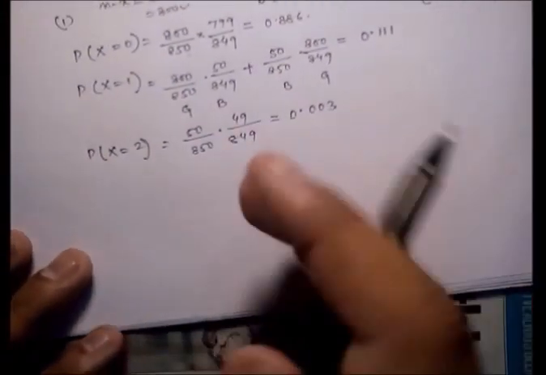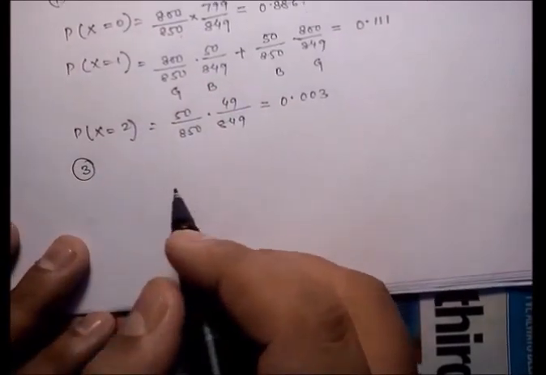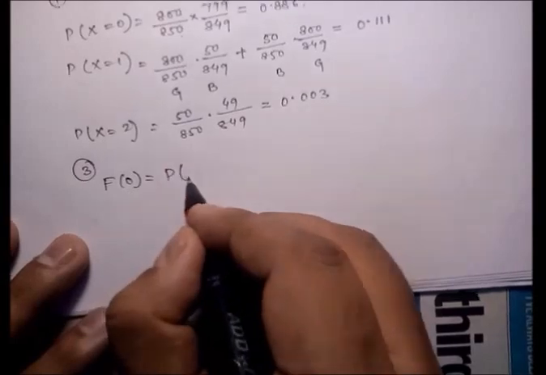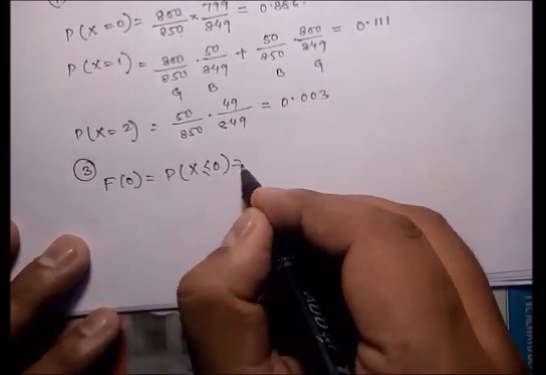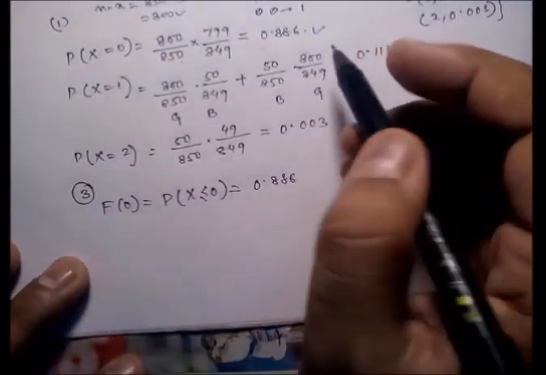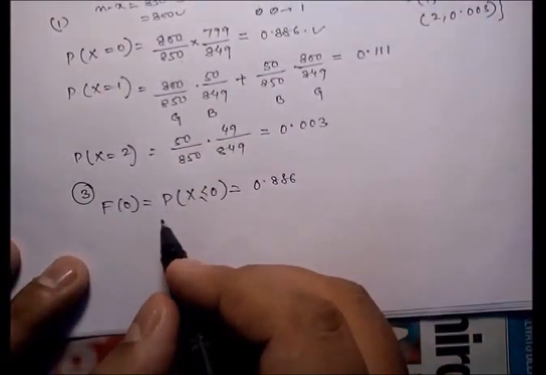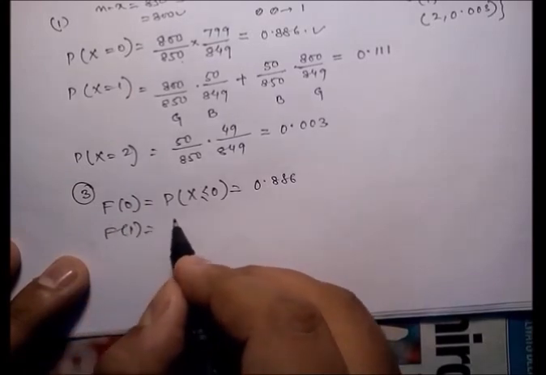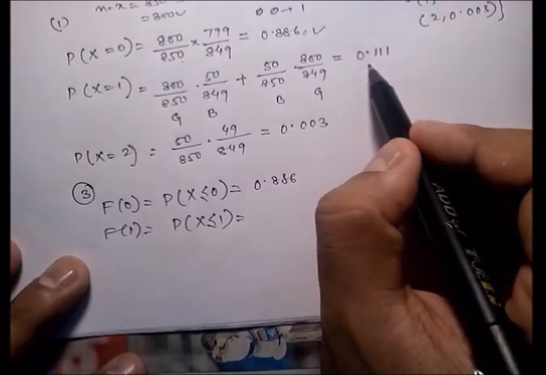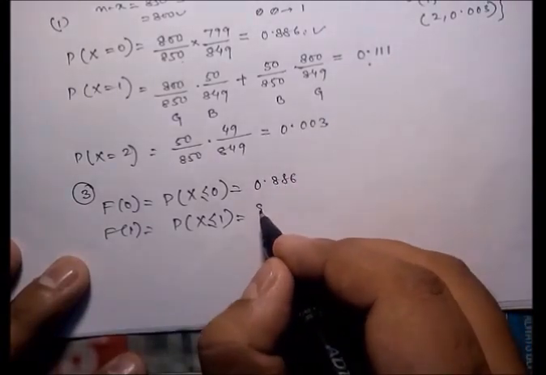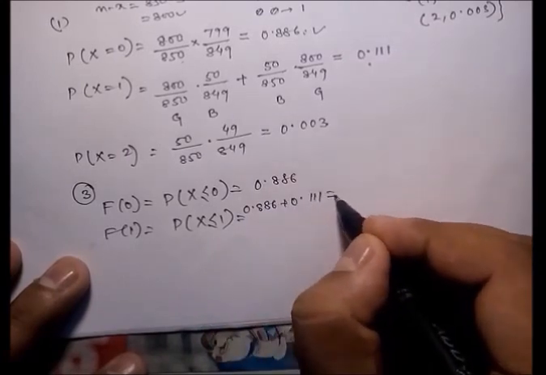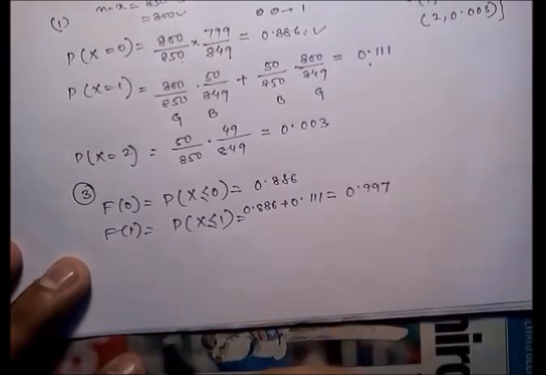Next, distribution function. For the distribution function, F(0) is probability of capital X less than or equal to 0, that is 0.886. Now F(1), probability of X less than or equal to 1, is the addition of these two: 0.886 plus 0.111, that is 0.997.